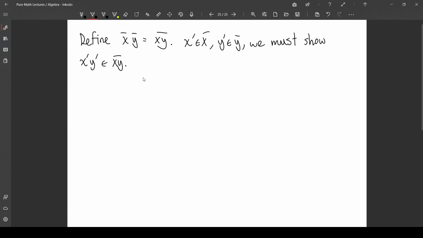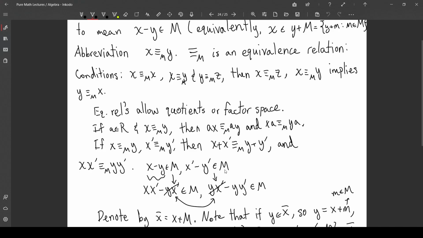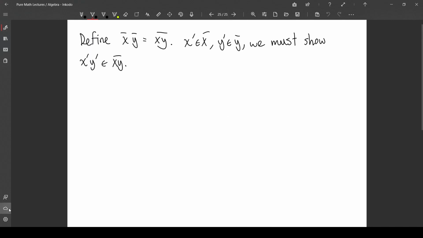And essentially this is nothing more than the same thing as this condition here, where we can multiply congruences.